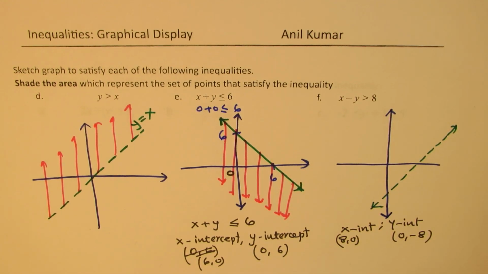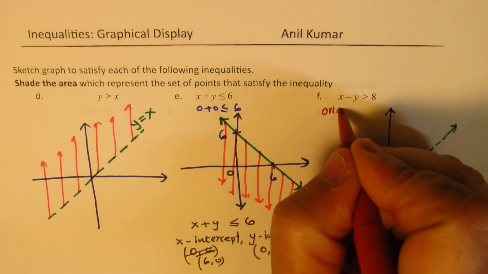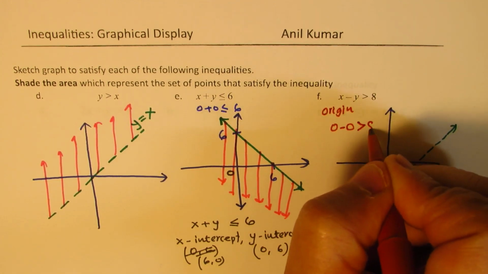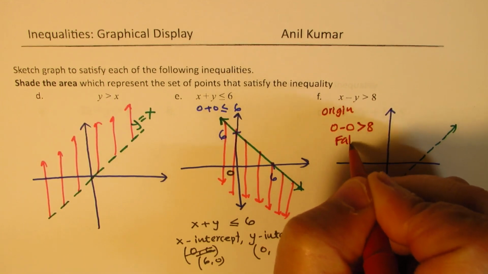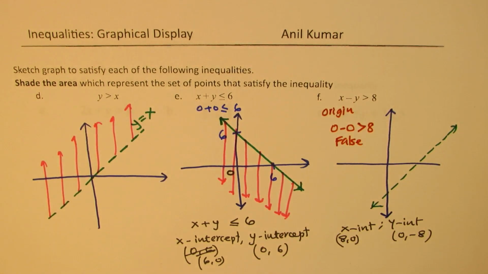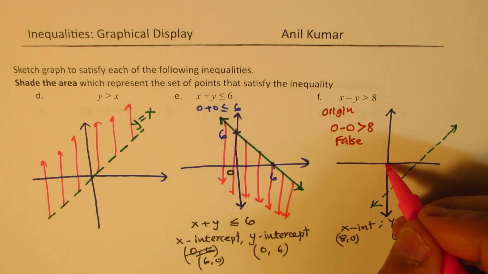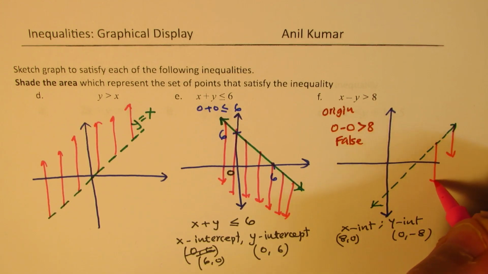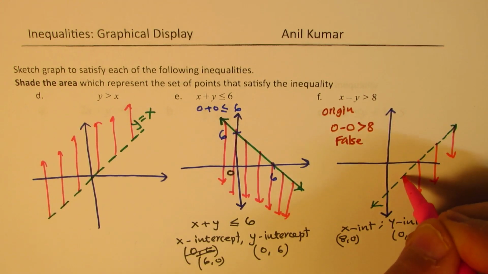And now we are going to check origin. If I write 0 minus 0, is it greater than 8? False. 0 is not greater than 8. And therefore, 0 is not part of our solution. We are going to shade it in a direction where origin is not there.